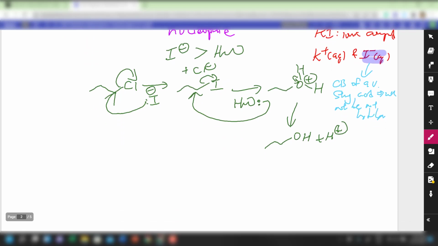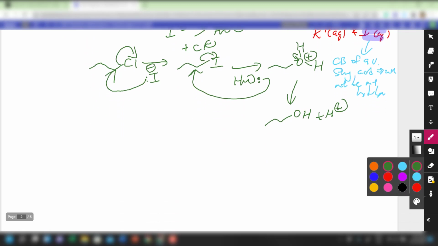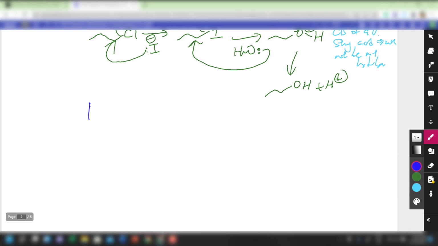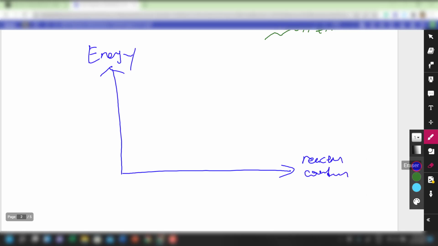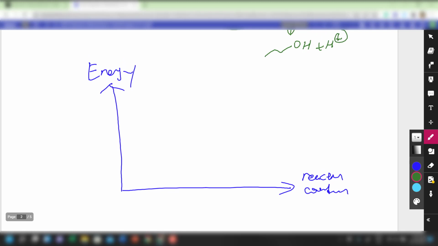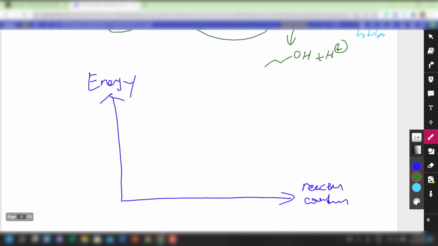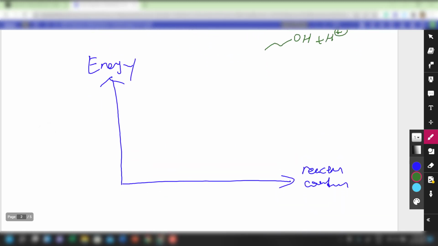If I attempt to draw the energy profile diagram, I think it will be much clearer to you. In the energy profile diagram, we have energy here, and then we have reaction coordinate. Let's say in our case we have a good leaving group, so I just put LG as the leaving group.